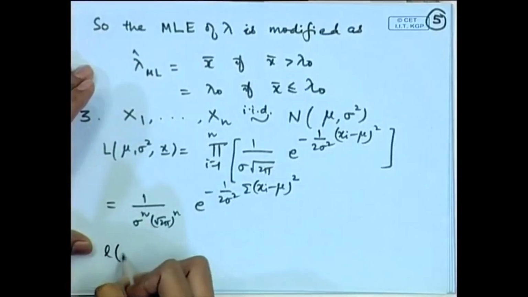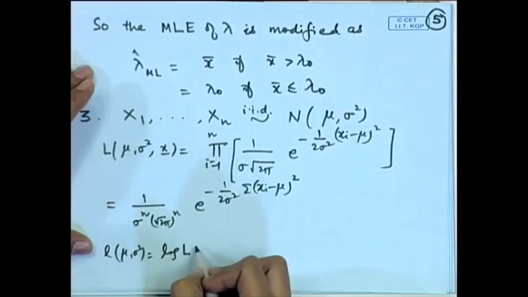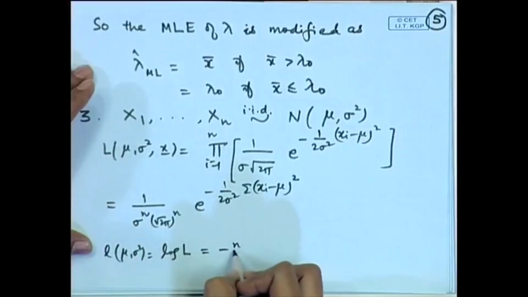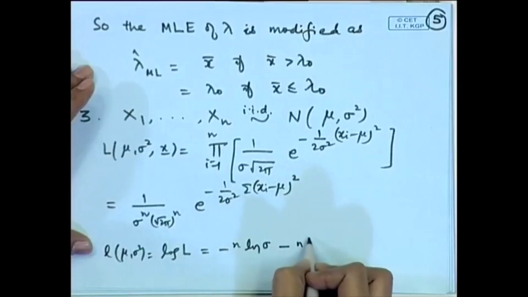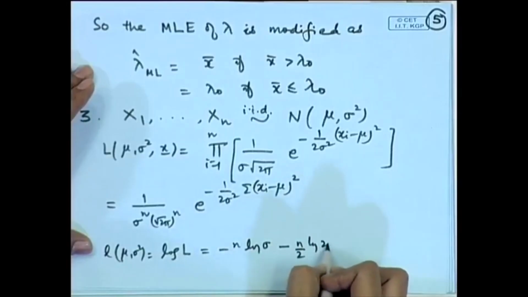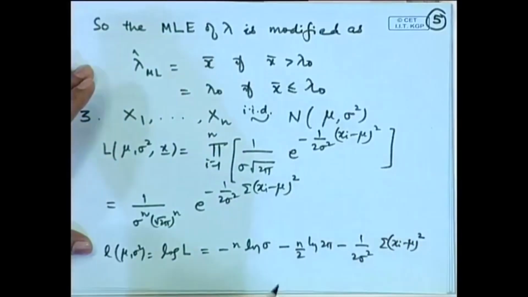So, the log likelihood function is minus n log sigma minus n by 2 log 2 pi minus 1 by 2 sigma square sigma x i minus mu whole square. Now, note here that I have written it as minus n log sigma.